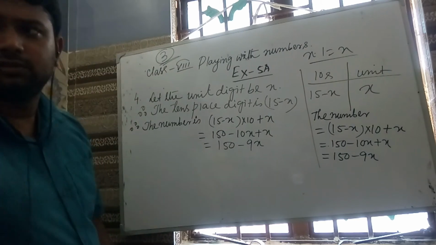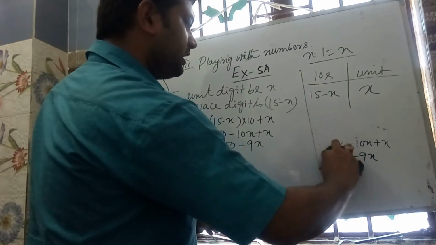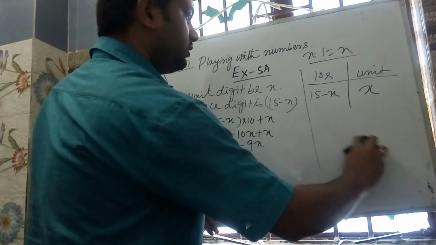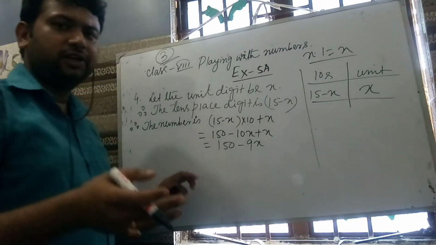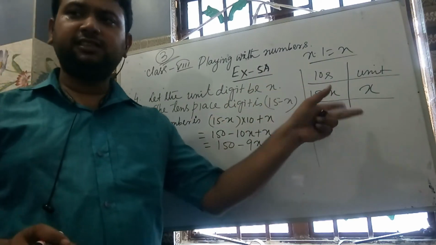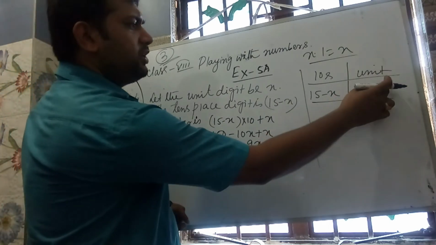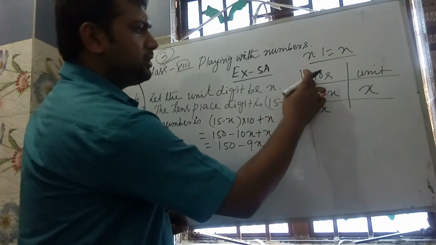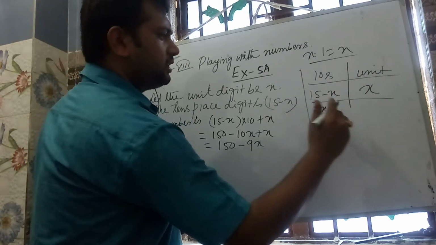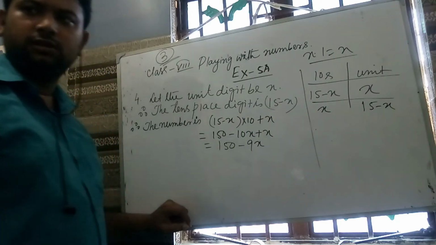what happens if we just change the digits? What happens if we replace the digits or interchange the places of the digits? That means the unit digit will become the tens place digit, and the tens place digit, that is 15 minus x, will become the unit digit.